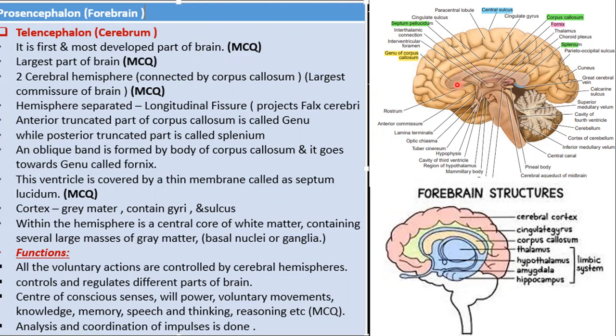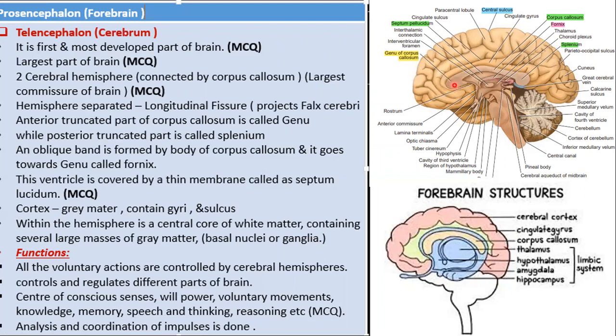Now the posterior truncated part is called the splenium. So here we see this posterior part is known as the splenium and the anterior part is known as the genu of the corpus callosum.